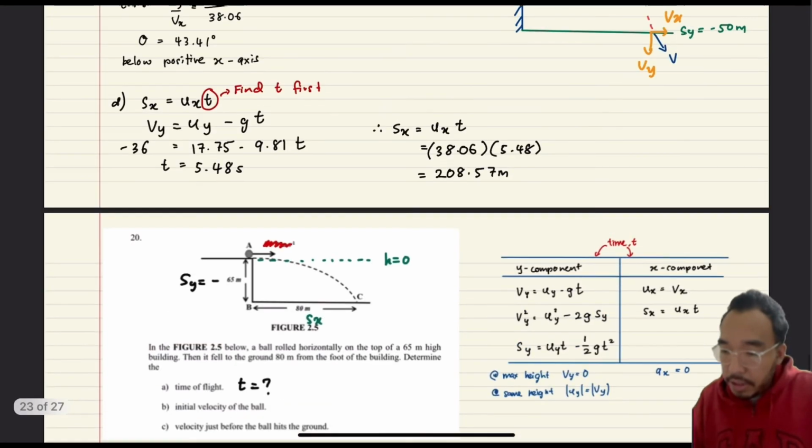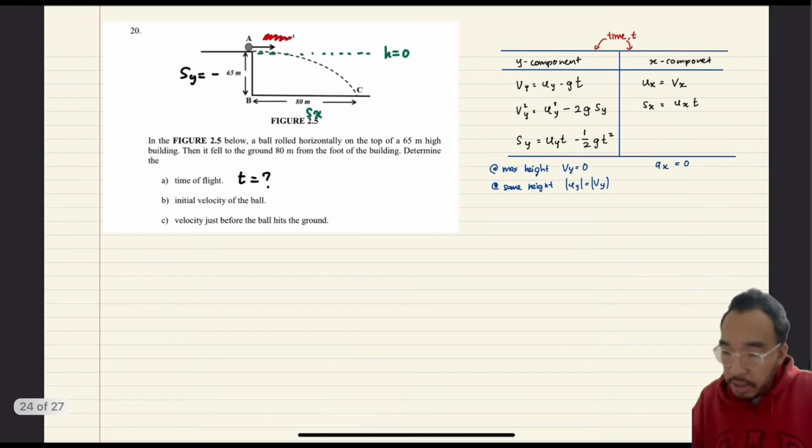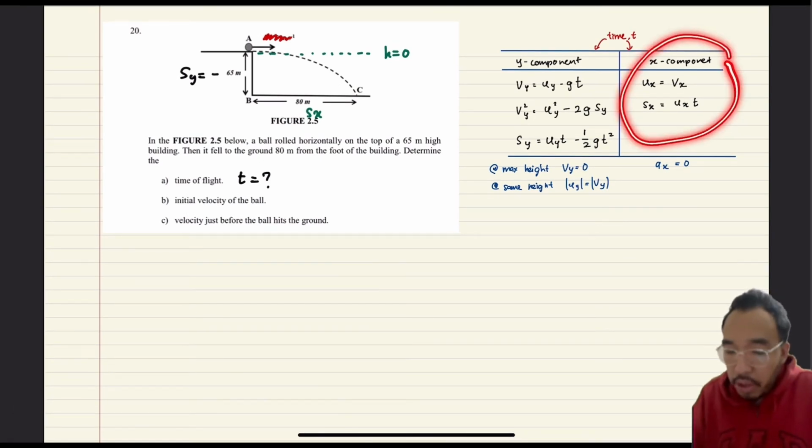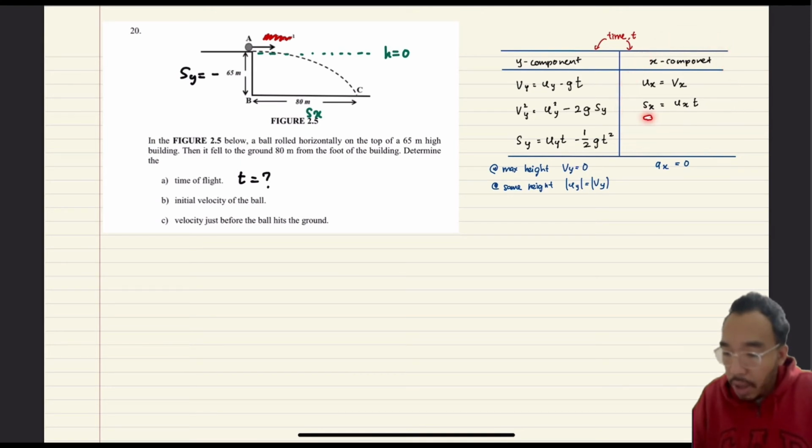Back to our question just now, if you want to use this x component, you do have the Sx, but you don't have any value for the initial velocity. So you have to find this one in the second step, question B. But for now, you have to use the y component first.